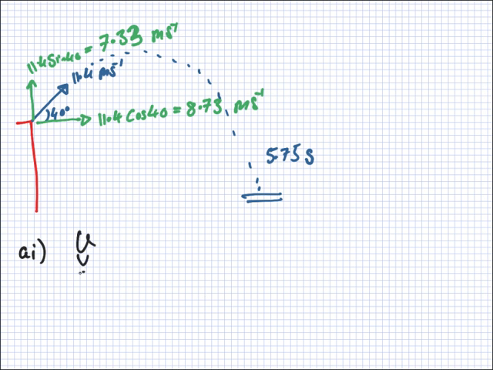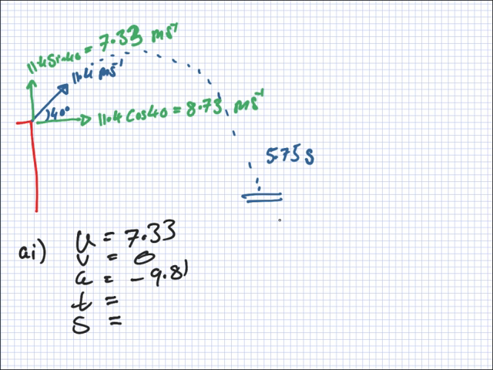So U, V, A, T, S. What's the U? 7.33, yeah. The V for maximum height? 0. The A? G. The T is what we want, and the S is what we want for part 2 of the question. Right, so how can I get the T? What would be the easiest formula for T?